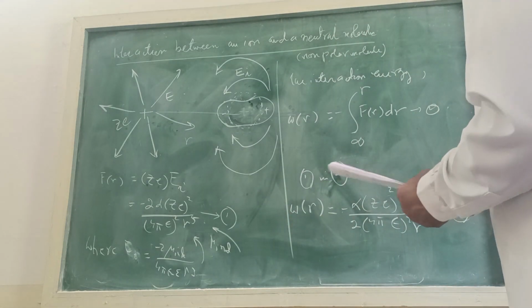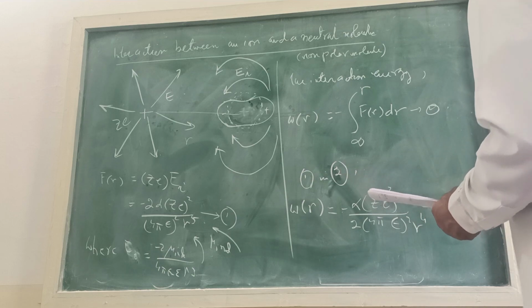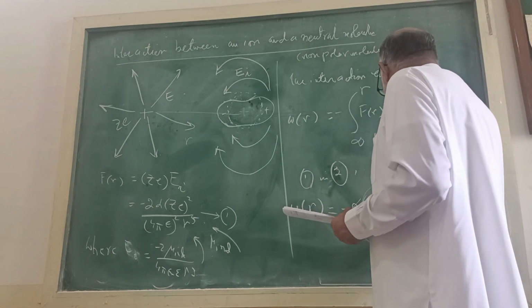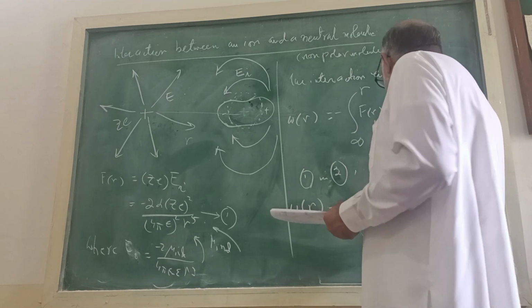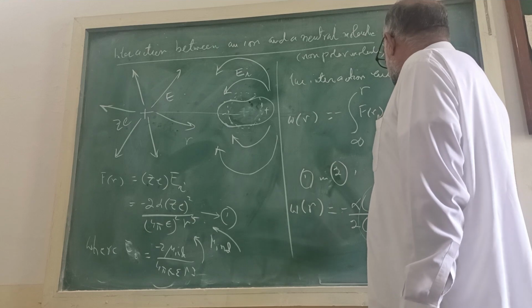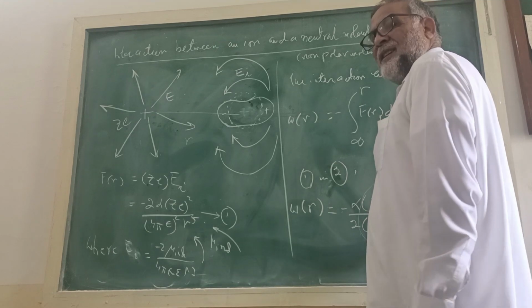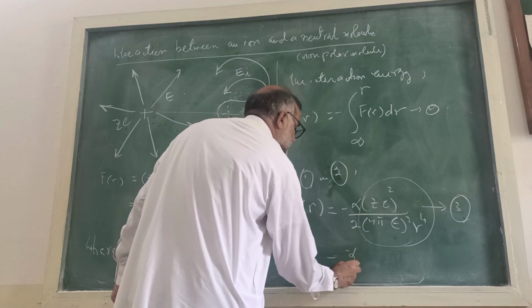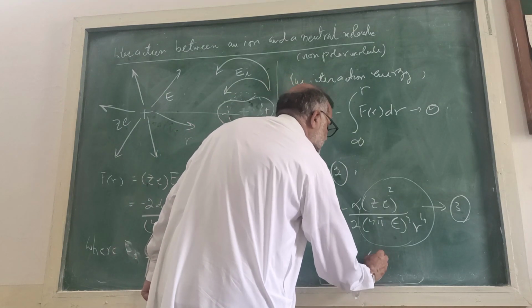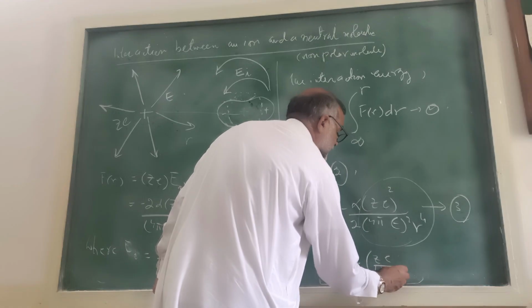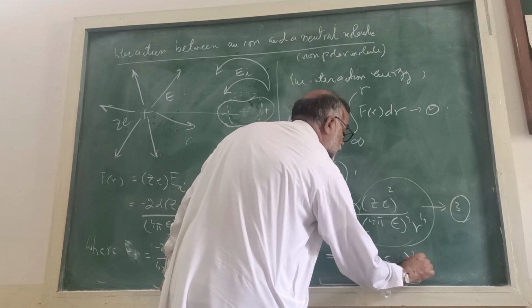Now, this thing is the electric field of a charged body, ZE over 4 pi epsilon R square. And that's literally minus alpha by 2 times ZE over 4 pi epsilon R, whole square.